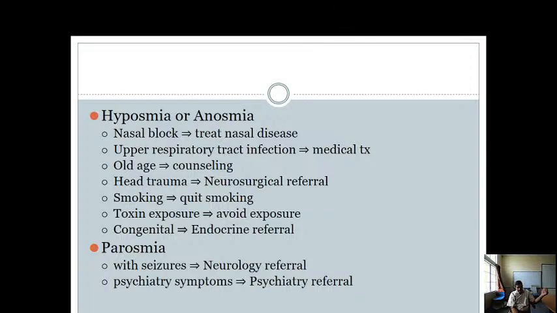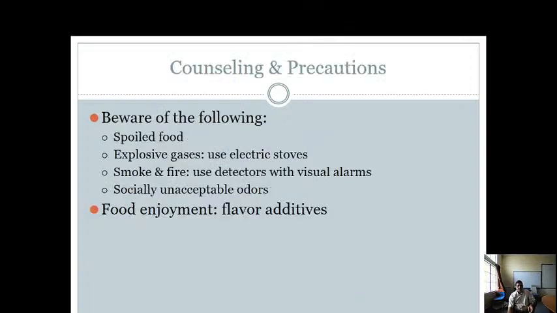The causes include upper respiratory tract infections, treatment, old age, counseling, head trauma, smoking, toxin exposure, congenital causes, and the various kinds which produce hyposmia and anosmia, and the parosmias, which are present in neurological deficit and some psychiatric symptoms.